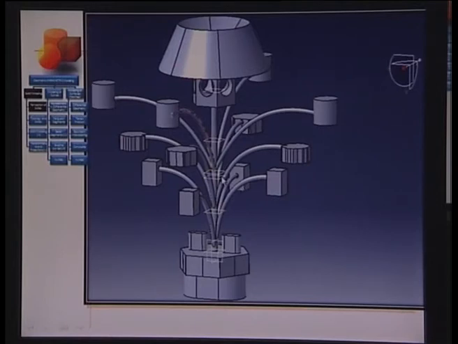This is for decoration purposes as well as a table lamp. There is a sound box. This is the sound box system, and this is a 2.1 music system.